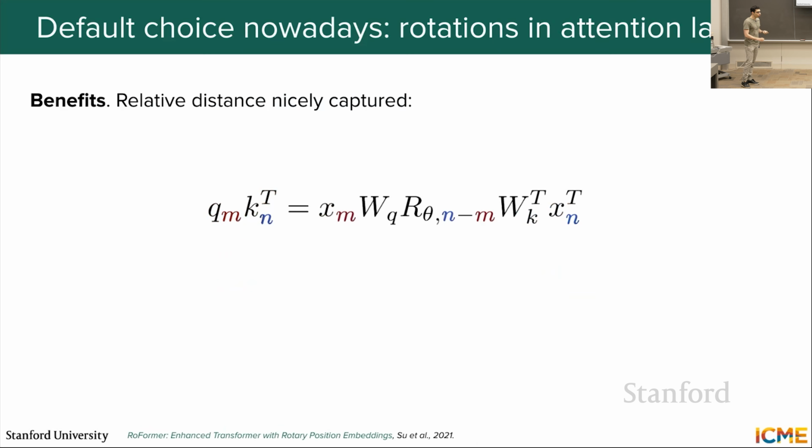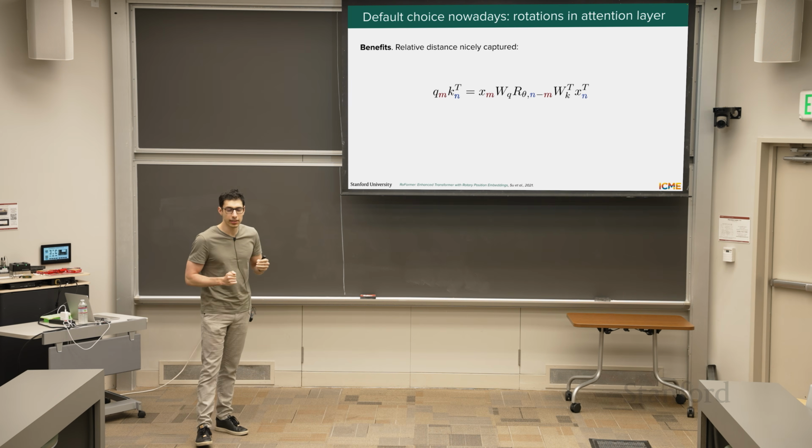And you're going to do the dot product of these rotated queries and keys instead of the raw ones. One nice property that is interpretable here is that you see a rotation matrix that depends on the difference of positions, n minus m, pop out. So you feel like it's a design choice that makes sense.